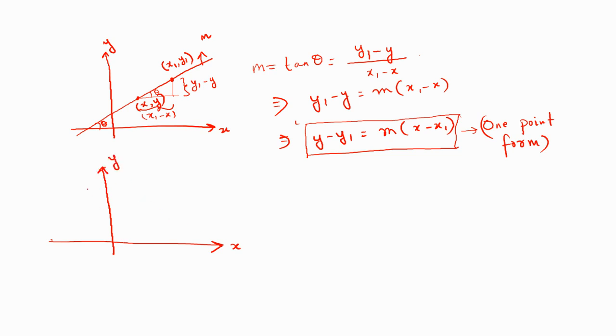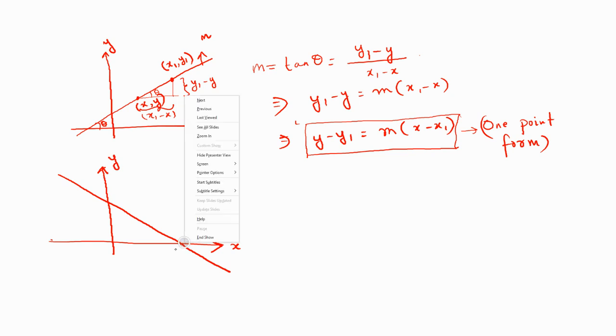Let's say you have an xy axis again, and this time they gave you a straight line like this, where here the abscissa is a and the ordinate is 0, and here the abscissa is 0 and the ordinate is b. This is the origin.